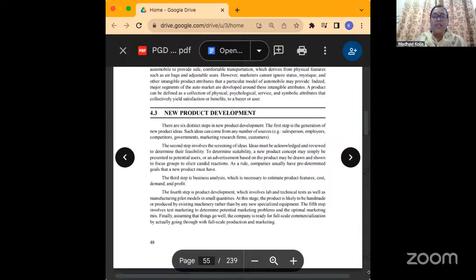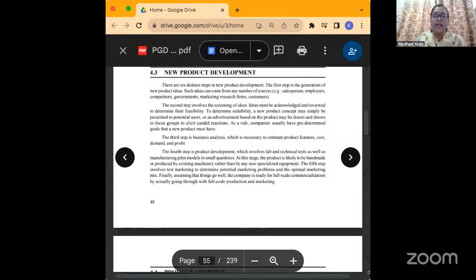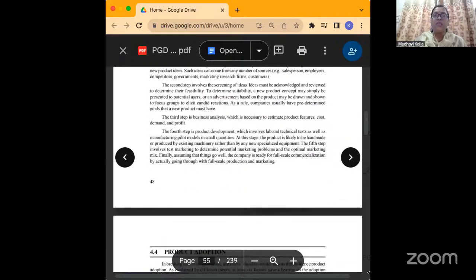An advertisement based on the product can be drawn and shown to a focus group to understand their candid reactions, and then, as a rule, we may go further and change the product details. The third step is business analysis, which is necessary to estimate product features, cost, and demand.